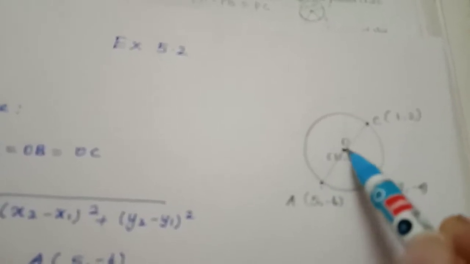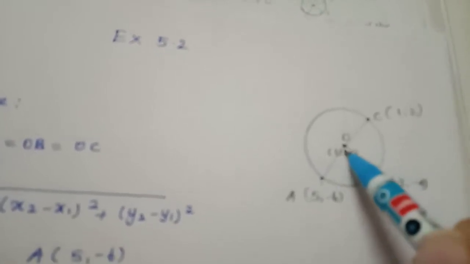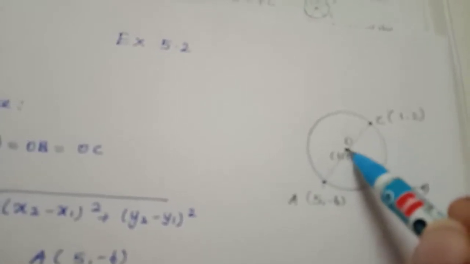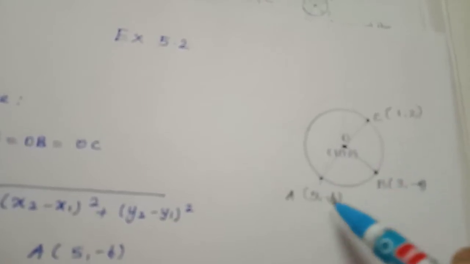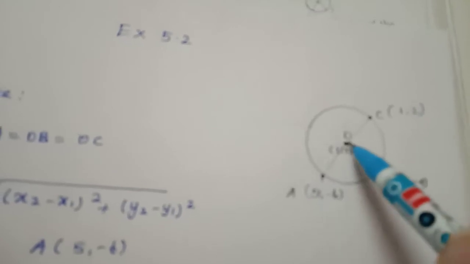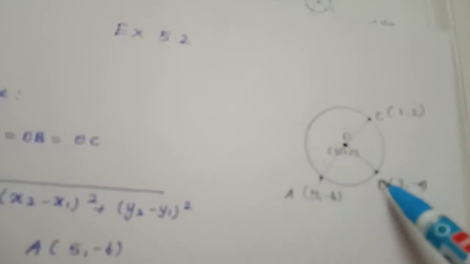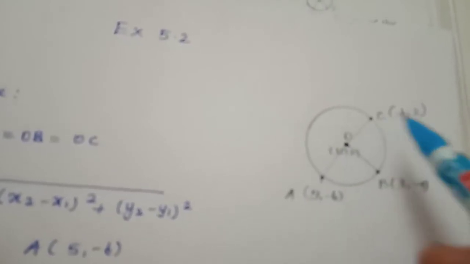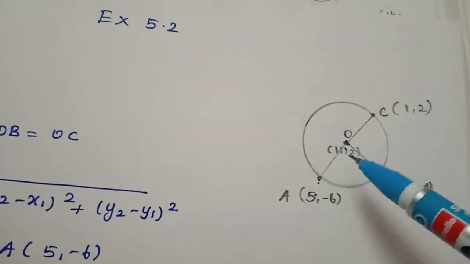In order to prove this, just look here: the center is (11, 2) and a point is (5, -6). What does it mean? From the center to this point it is the radius, right? And from the center to this point, this is also a radius. From the center to this point, that is also a radius.